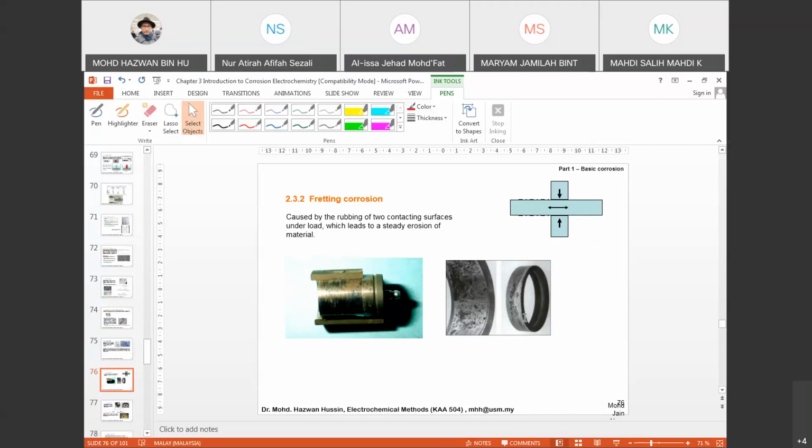For example, a piston. You can see a piston in an engine. When the piston moves, there's a rubbing or fretting effect. This actually makes the piston have more tendency to corrode because of the rubbing effect, fretting, that later on can trigger corrosion fast.